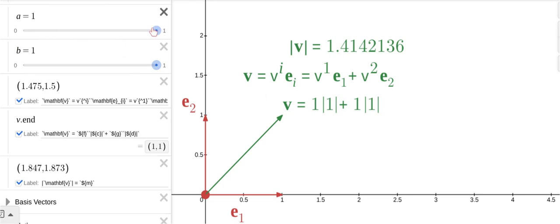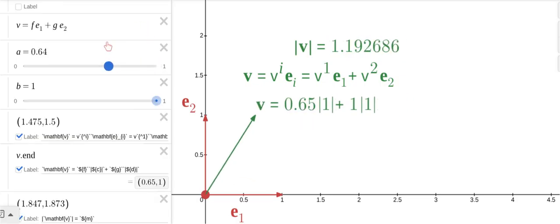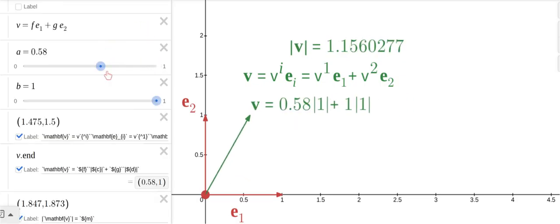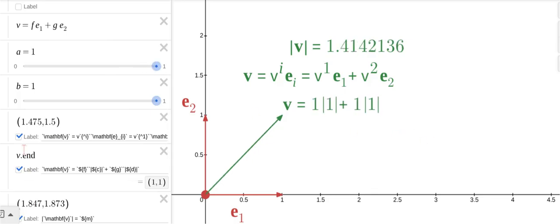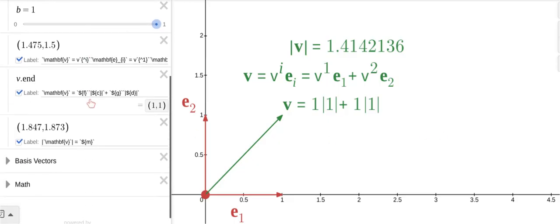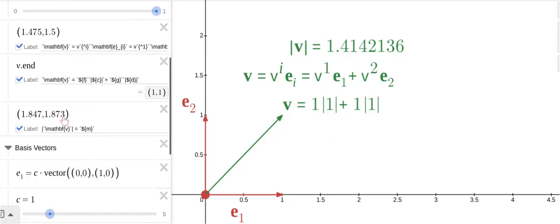So if I change A, it's changing this variable, this function that I created, F, and so it changes the number in real time, okay?